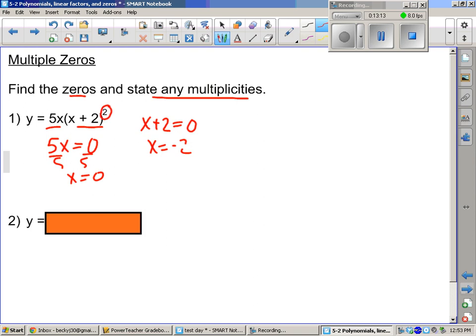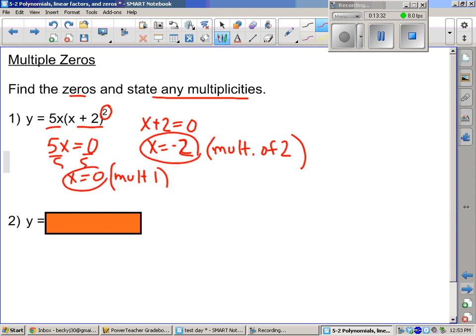But because of that, I really have 2 answers. So after this, we're going to say a multiplicity of 2. So the multiplicity of 2 comes from the exponent of 2. Right. This has a multiplicity of 1, but we don't usually say that because it's just implied if it doesn't have an exponent. So those are the zeros, but make sure you include the multiplicity for any that have an exponent with it. But we don't need that. We don't really need this, no.